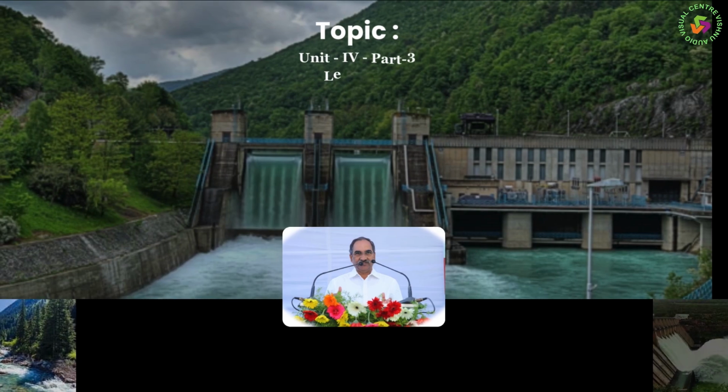If one changes, the other changes. That's how the speed is to be maintained constant. How we can make this turbine and generator together work at normal speed is by the governing mechanism. This is what we call the governing mechanism, which is a very, very important subject in hydraulic turbines.